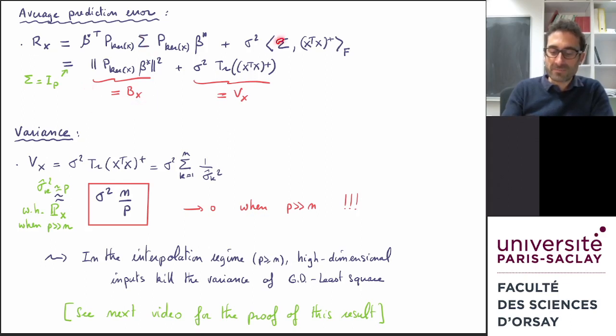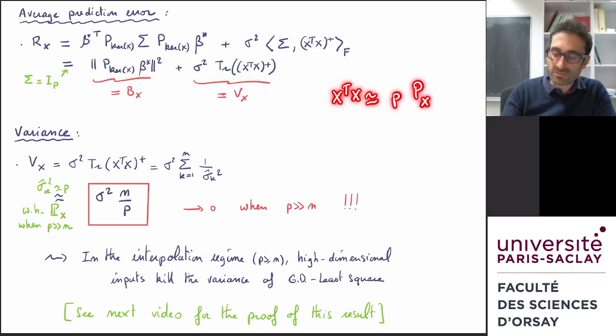And here I will have the identity, so if I take the scalar product with the identity, I just take the trace. So the variance term will simply be sigma squared times the trace of x transpose x pseudo-inverse. And I remind you that we have seen that x transpose x is essentially p times the projection over the range of x transpose.